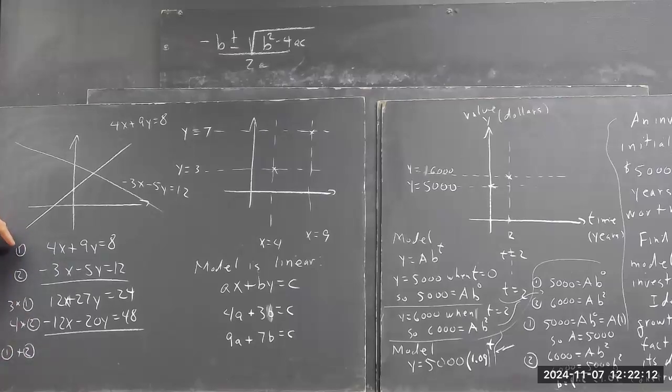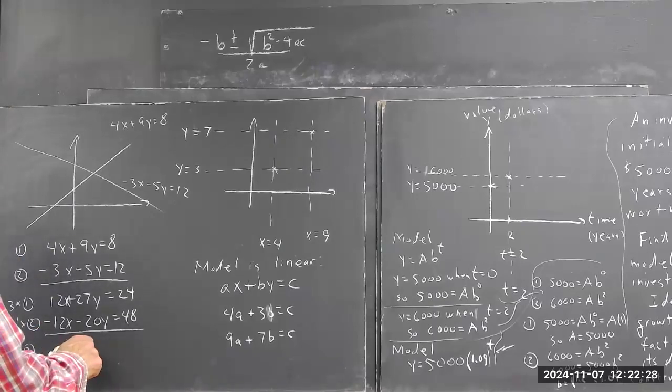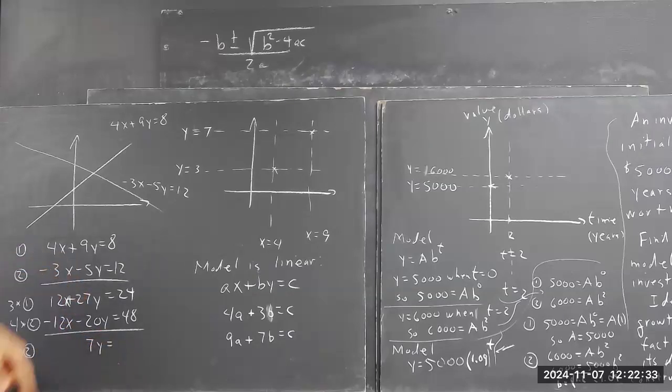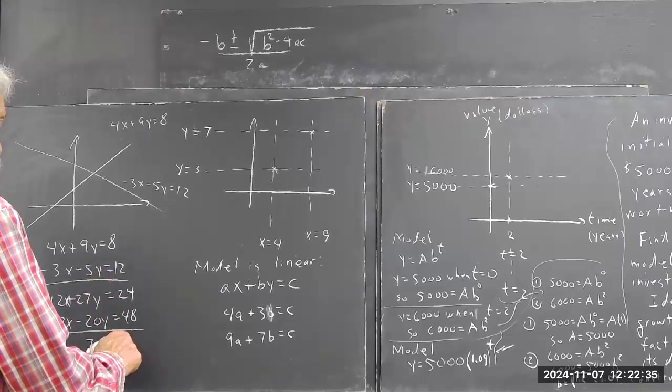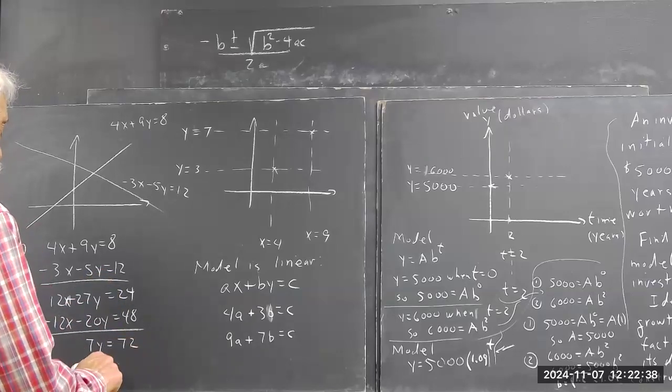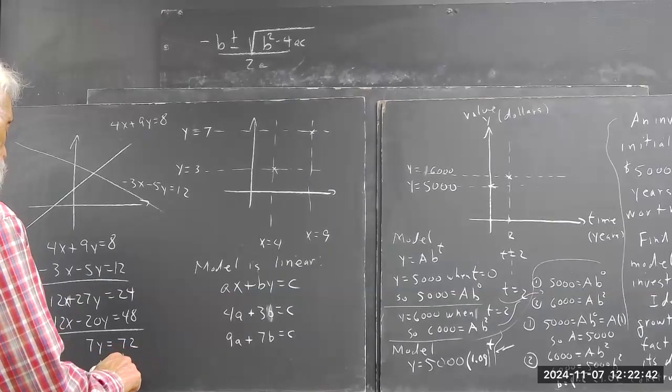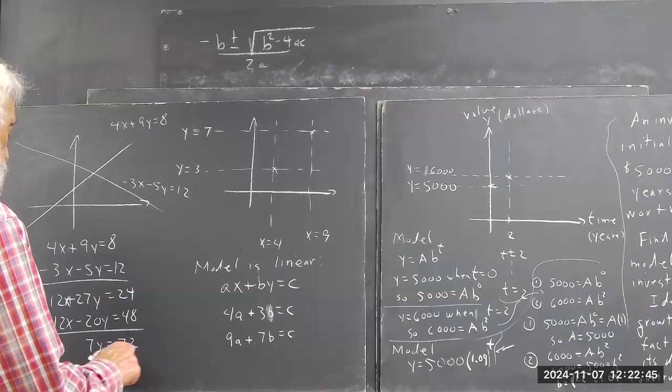That doesn't mean this equation 1 plus this equation 2. After we get 2 equations, if I write an instruction here, it refers to the last set of equations, right? So this is our equation 1, this is our equation 2. Negative 12x plus 12x gives us 0. 27y minus 20y gives us 7y. And 24 and 48 is 72. So y equals 72 over 7.